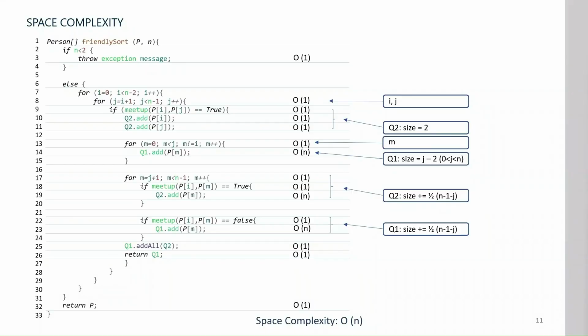Space complexity. Lines 1 to 3 are just O(1). Line number 8 introduces i and j, still O(1). The loop doesn't take actual space, just constant space to store the result, and it can be reused as the space for every iteration.